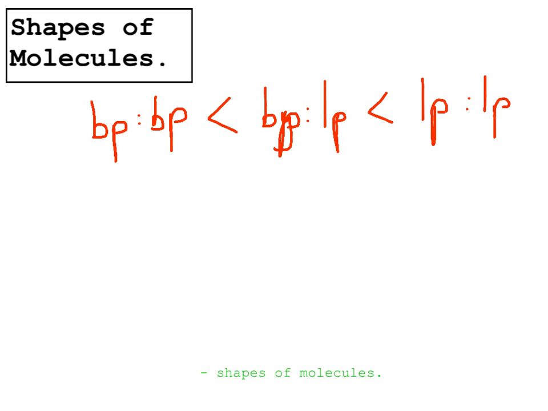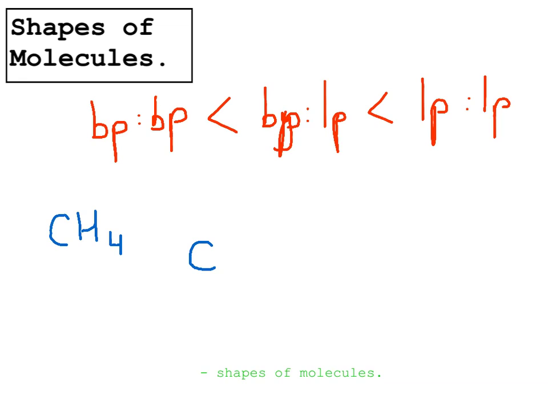So if you take methane, for example, which is CH4, you will see that there are 4 bonds in methane. Now later on I'll show you how to work out how many bonding pairs and lone pairs there are in a compound, but for now I'm just going to tell you there are only 4 bonding pairs and no lone pairs. So methane has 4 bonding pairs which all try and get as far away from each other as possible.